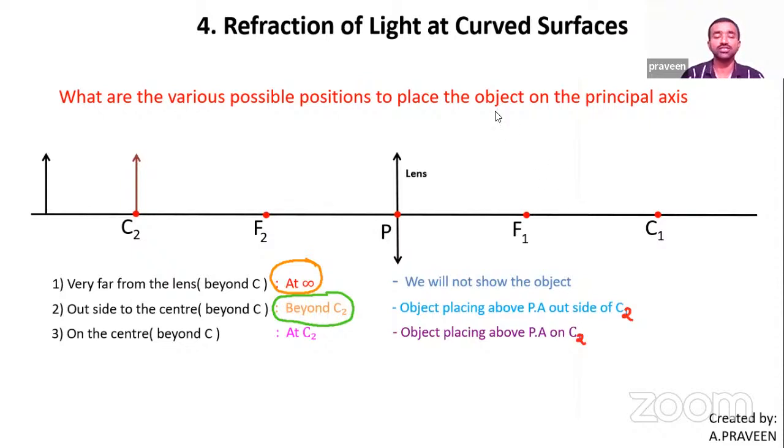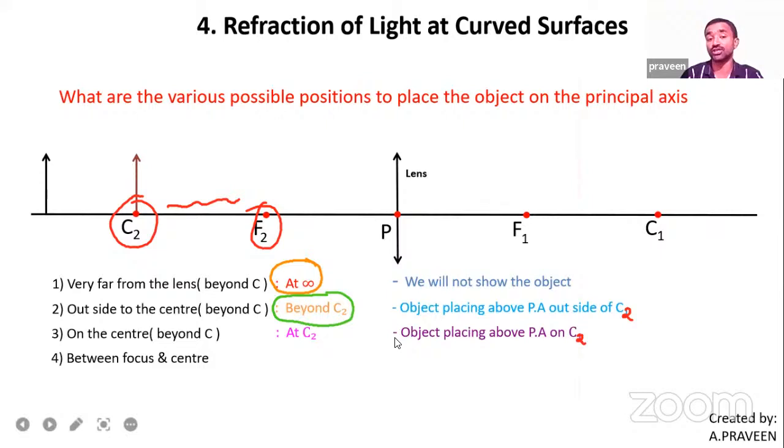Next, simply inside the center. We had outside the center, beyond, and exactly at the center of curvature. Now we are moving inside. We have two locations here, C2 and F2. In the middle, we can take that position: inside the center of curvature, outside the focus, between the focus and the center.